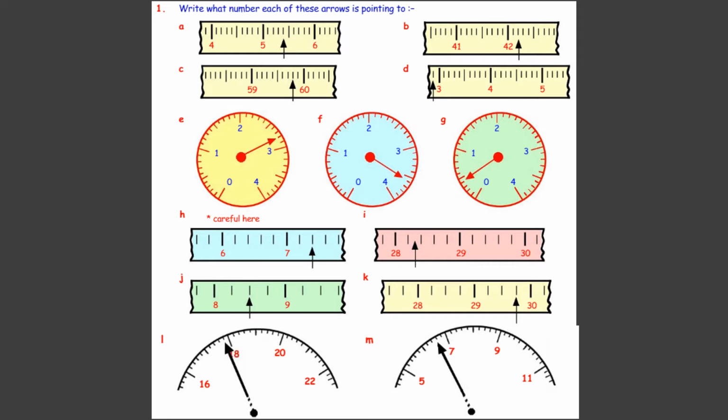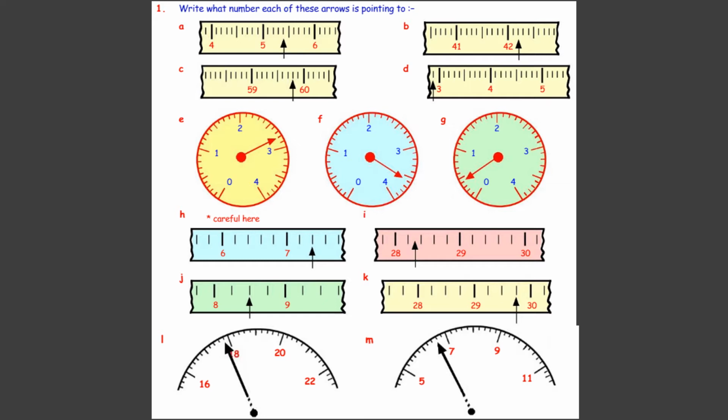So A, let's look at A. We're going to look at this in sections because you can see that the different pictures are different ways of doing it. So if you look, A, B, C, D, then H, I, J, K are all like rulers. E, F, and G are a little bit like, depending on what kind of kitchen scales you've got, you might have one like this.